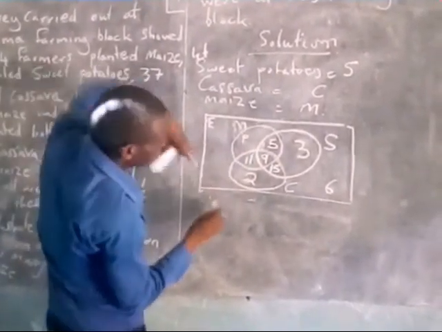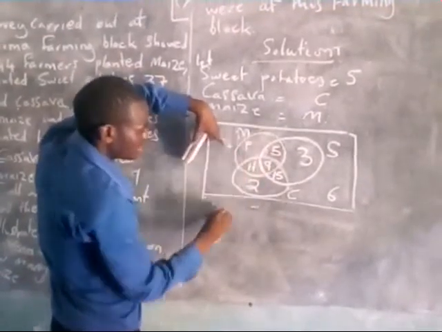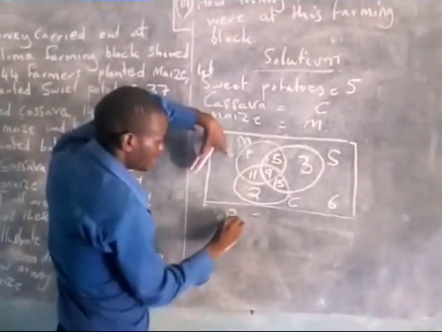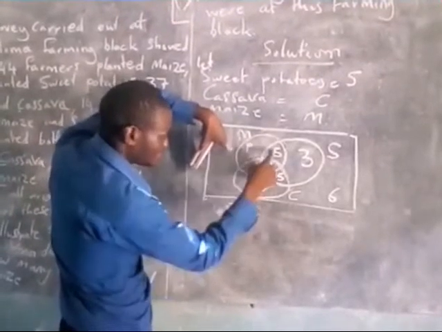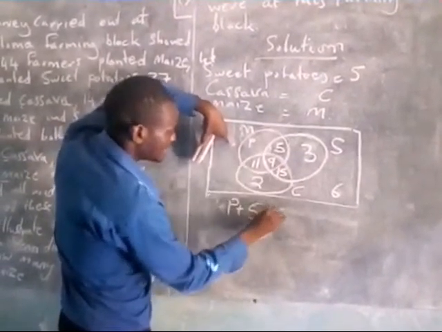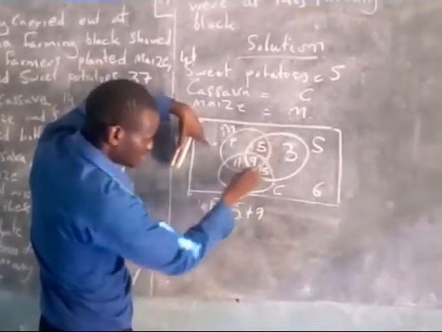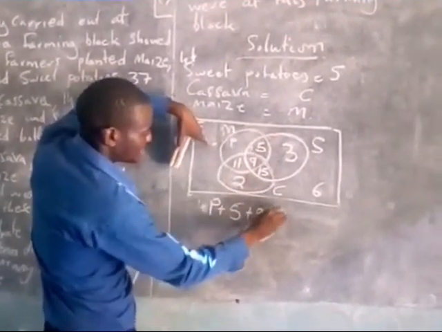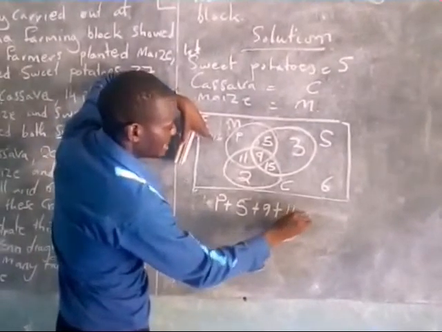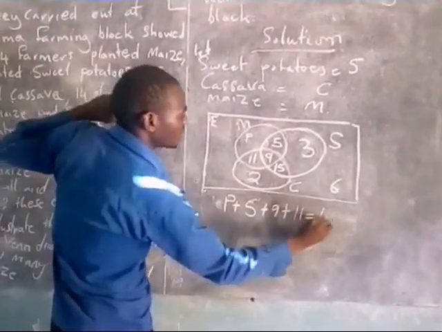So it means that the whole set of maize, when we say P plus 5, this 5 here, plus 9, this 9 here, because it belongs in the set of maize, plus 11, the answer we are told is 44.